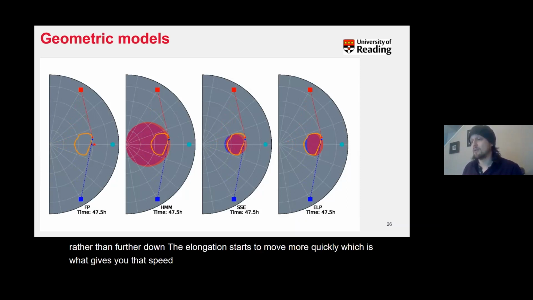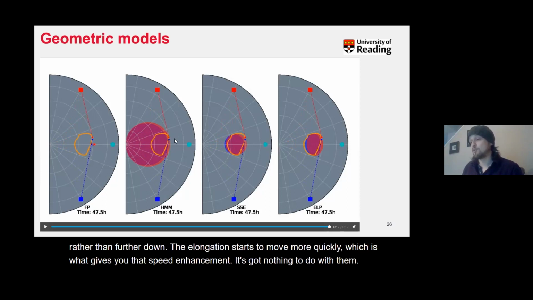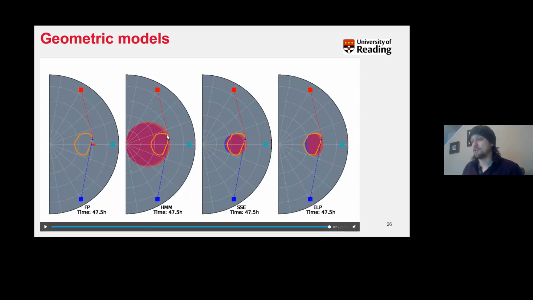It's got nothing to do with a CME acceleration or any bulk change in the CME. It's that there's a fast stream affecting this flank of the CME.